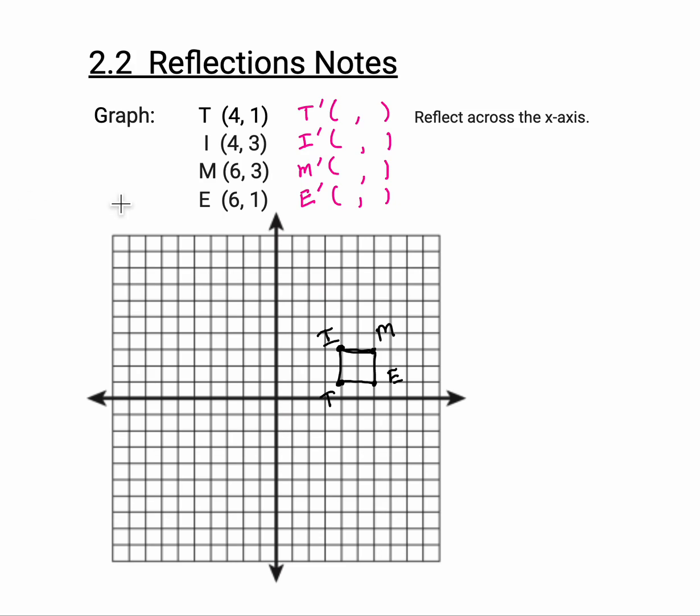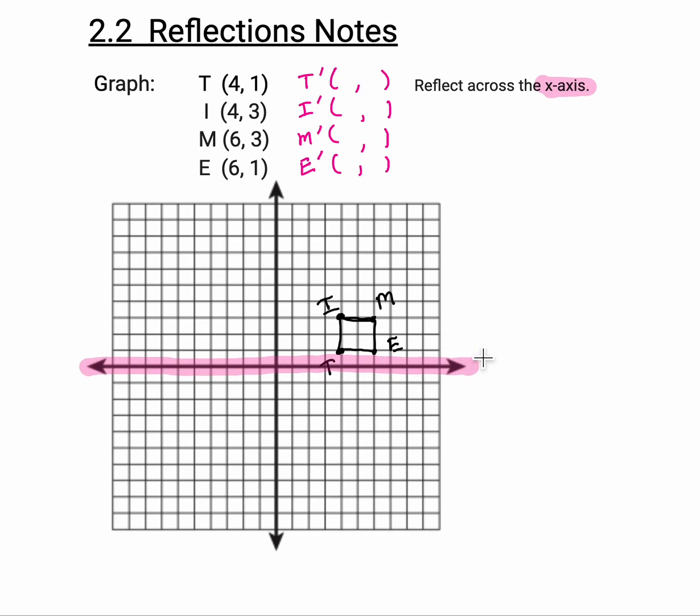So I'm going to grab my highlighter and I highlight the axes up here in the directions. After writing down the reflection across the x-axis, we want to highlight the x-axis, because when we highlight the axis, it really focuses our attention on where the paper is going to have to fold. So if you have a piece of graph paper, you can fold it right on that x-axis.